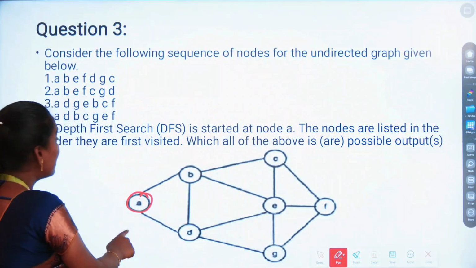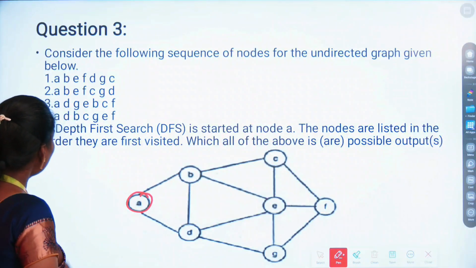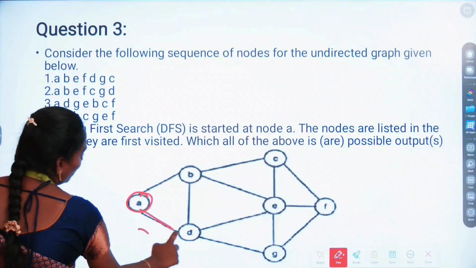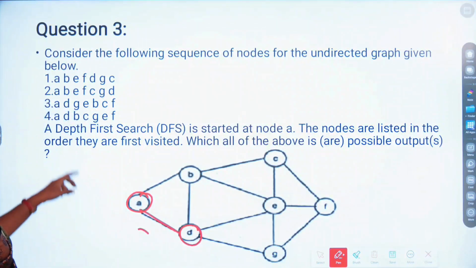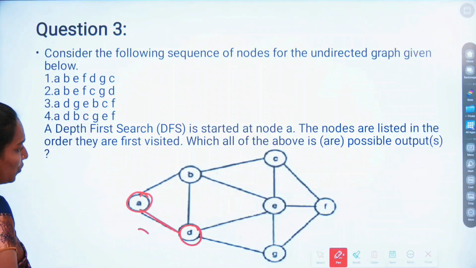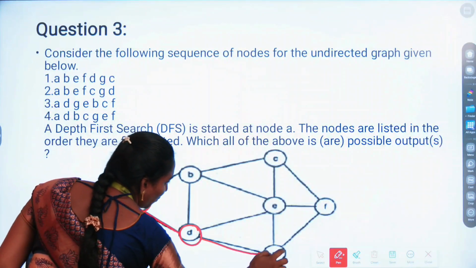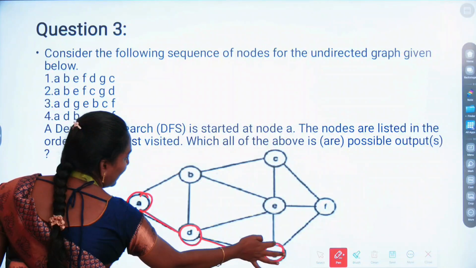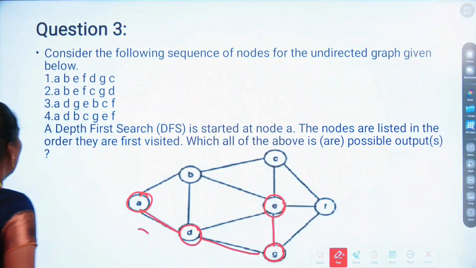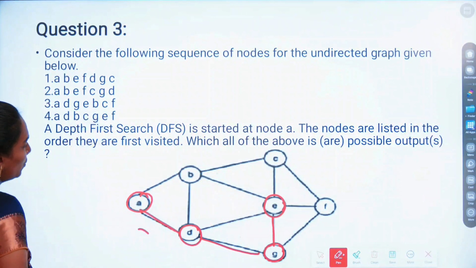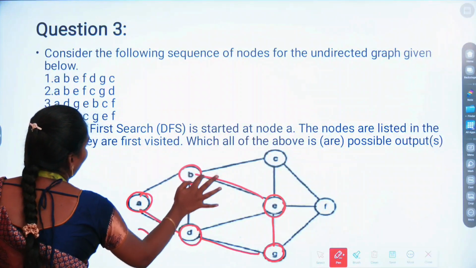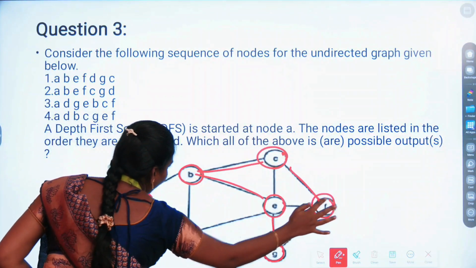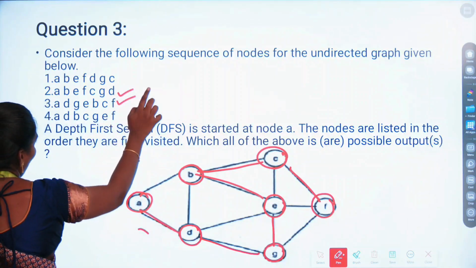From A it goes to the node D. Then from D it reaches the node G. Then from G it reaches the node E. Then from E it reaches the node B. Next step, from B it reaches C, and from C it reaches F. Hence both options are correct.